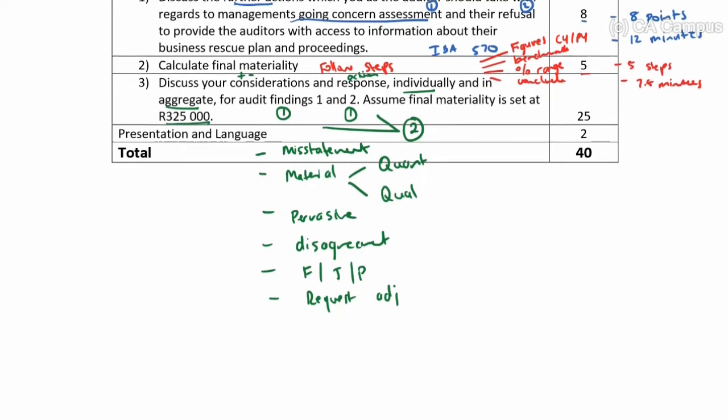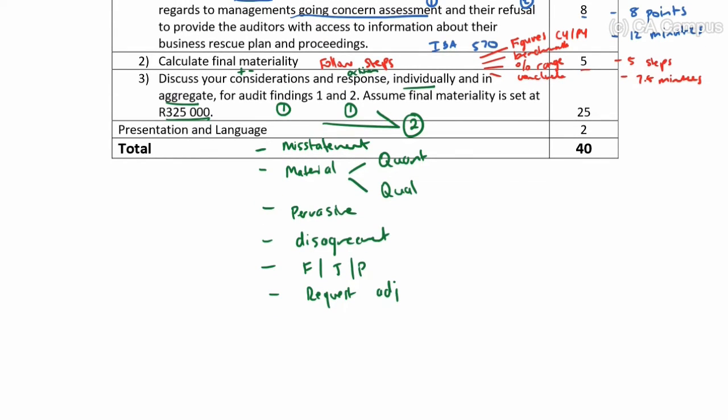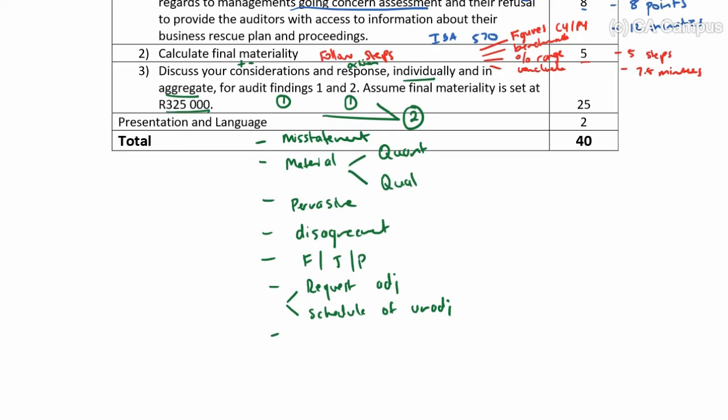If it isn't, so I'm going to say here, optional, request an adjustment or take it to the schedule of unadjusted if it's not material. And then, guys, because they said for response individually and in aggregate, individually I would then need to say, if they don't adjust, what is my opinion?